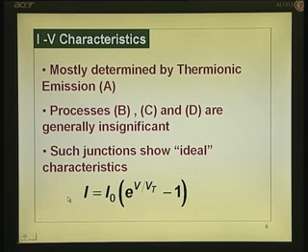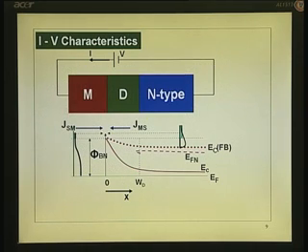Now, let us see a very quick analysis of this. We go back to that diagram, which we have been seeing often. Metal, depletion layer, N type, forward biased. So, this line is EC under thermal equilibrium conditions, that is what I have shown here. EF is there.